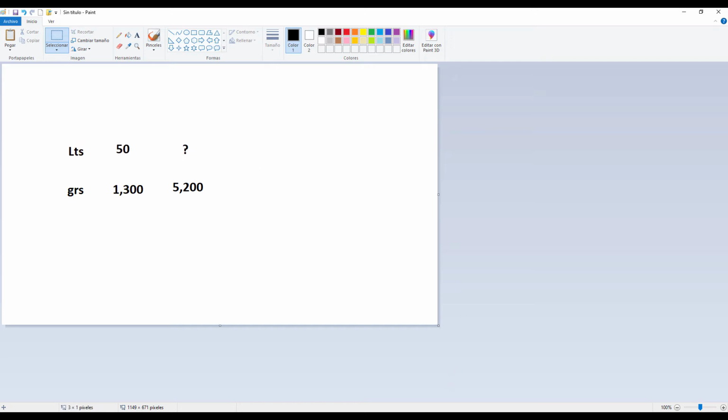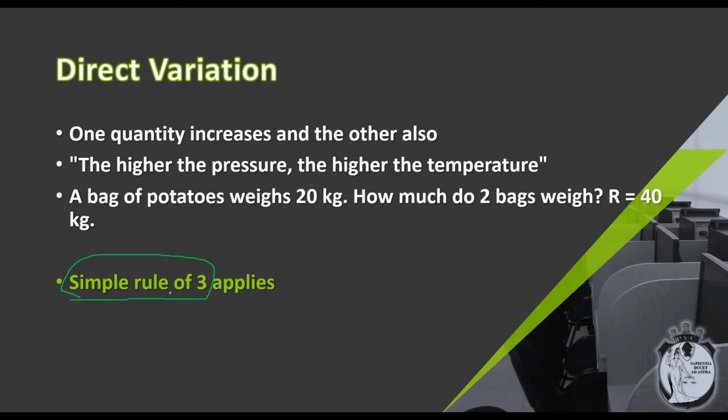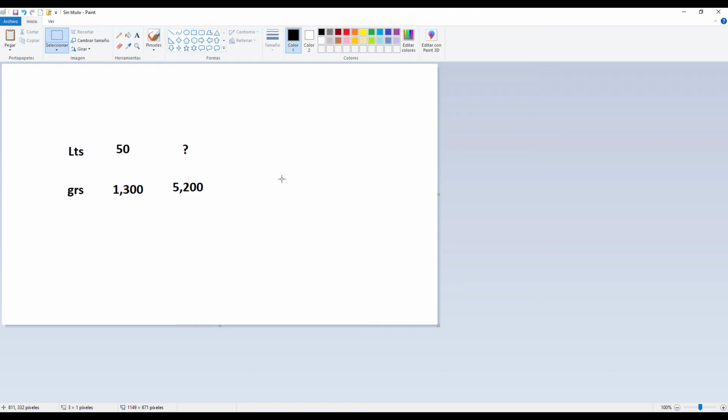You check here, you need to use the simple rule of 3. What you need to do in the simple rule of 3 is multiply the data that you have alone here.